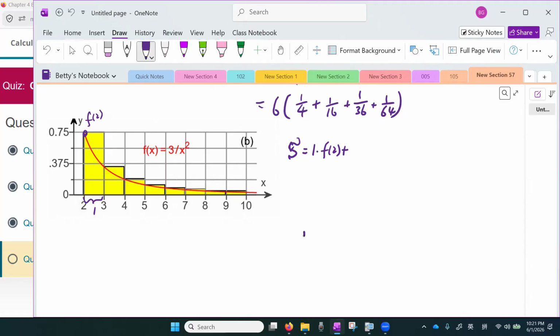The second rectangle, 1 times f of 3. And we do not have to always write 1 times. So we're gonna get rid of the 1. And then plus this 1 times f of 4, this f of 5, f of 6, f of 7, f of 8, f of 9. So we're gonna add them together.